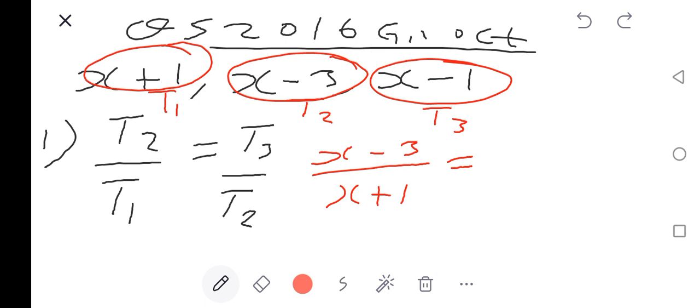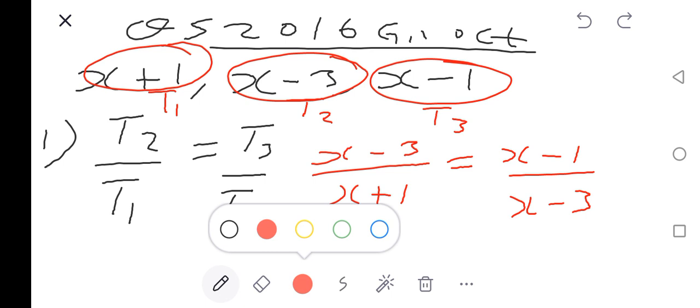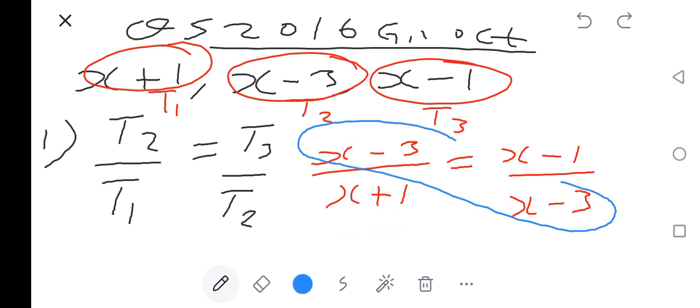The T3, we've got x minus 1. The T2, we've got x minus 3. If you want to confirm you are correct, the diagonal here must have the same entry, same letters, same numbers. That's how you know that you are doing the right thing.